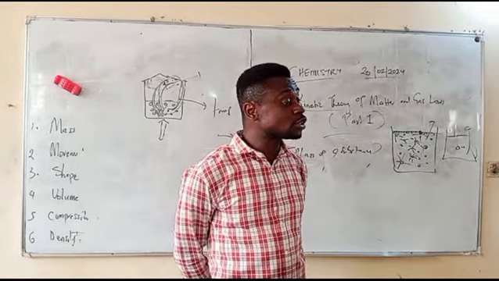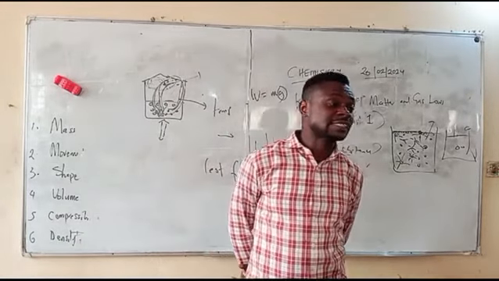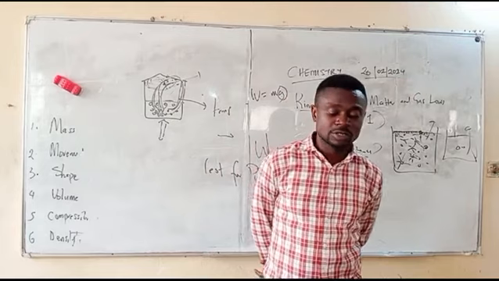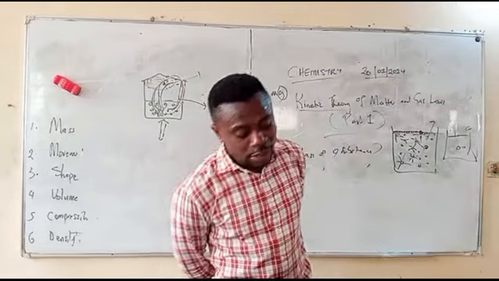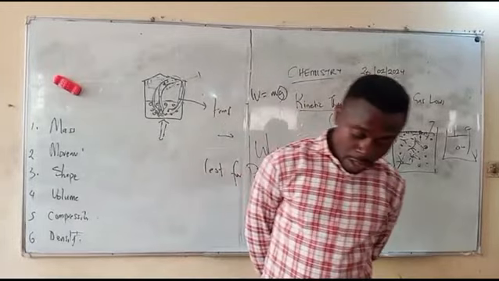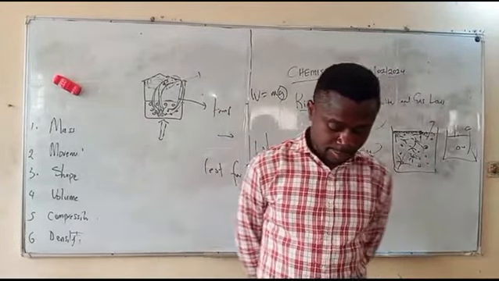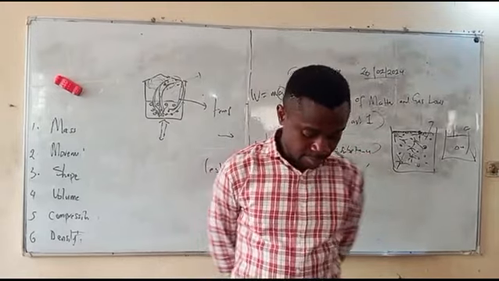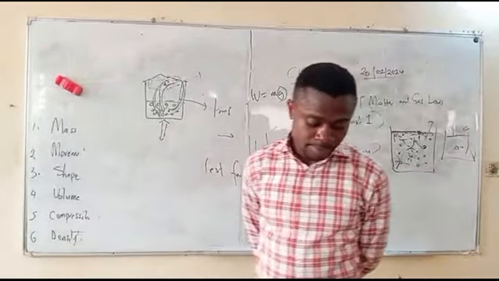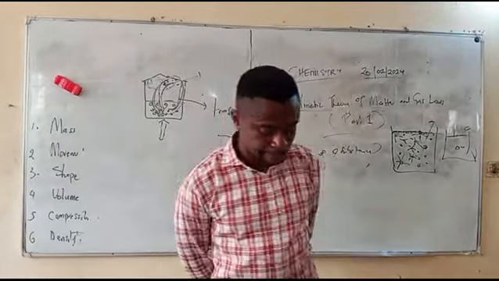Let me explain this. Now, the vapor is rising, and it is coming back. Evaporation and condensation are taking place. Where the evaporation is equal to the condensation, at this point you say that the vapor pressure is saturated. It will not rise again.